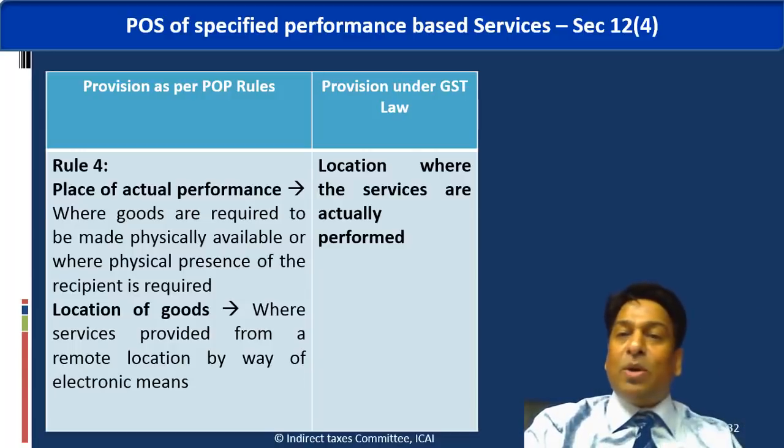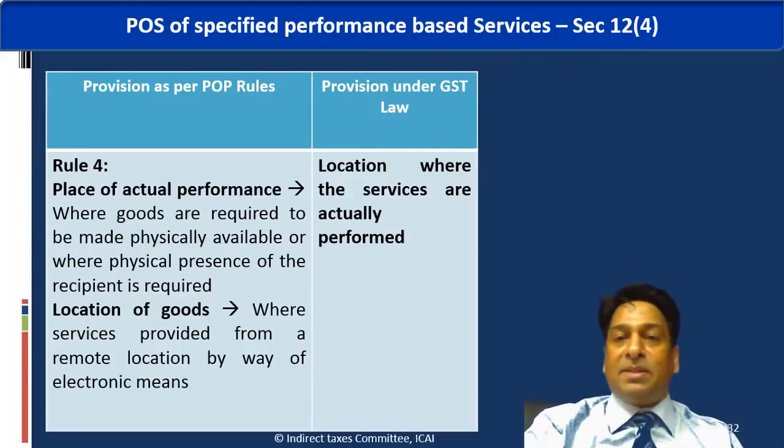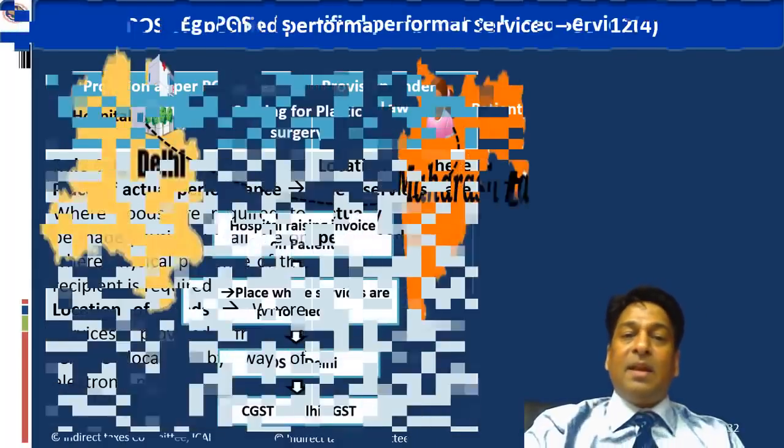And you must be knowing that in rule 4 of the erstwhile POP rules, the place of actual performance is going to be called the place of supply, the location where services are actually performed. But such a provision does not exist when you look at the existing rule in GST on performance-based services.